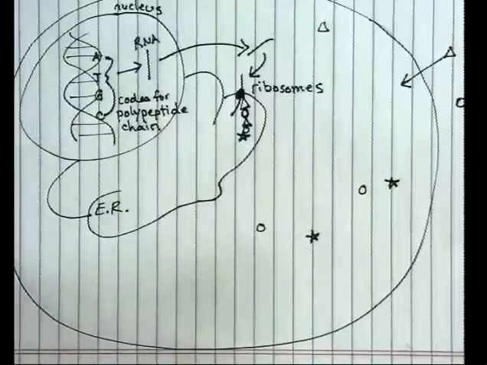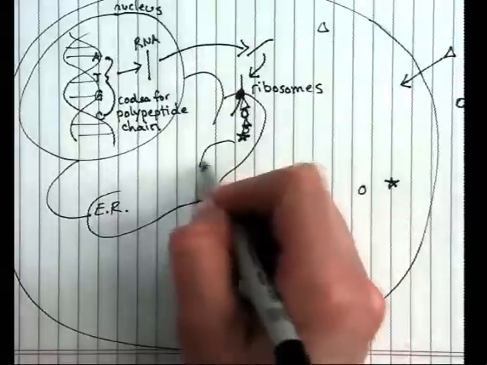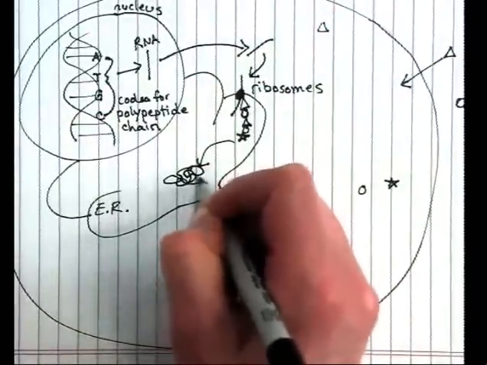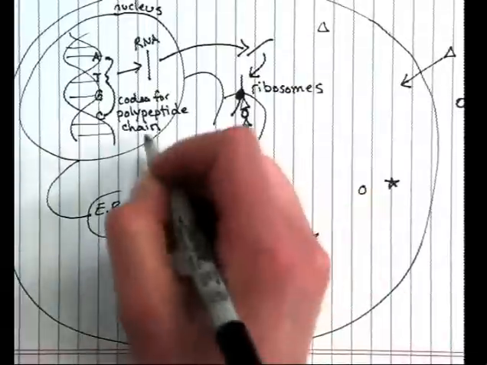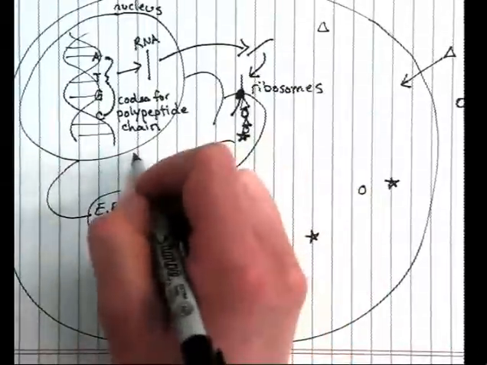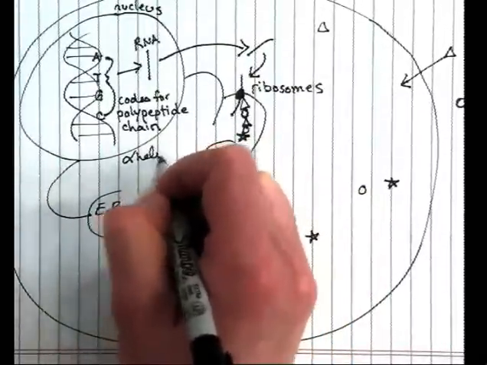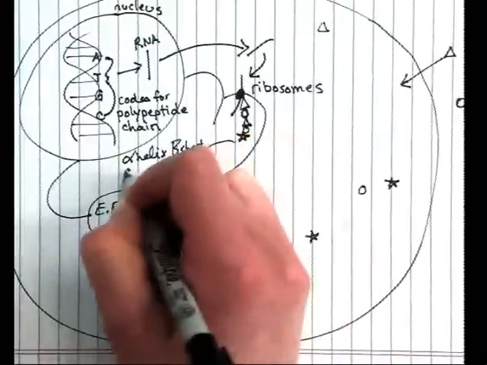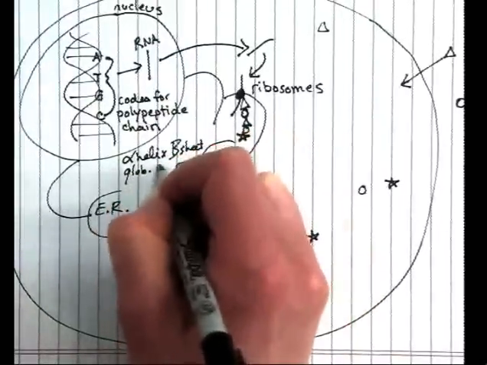The ER is like a whoopee cushion that's been folded up and down and up and down, and inside of those pockets are enzymes. And so this guy slips into these pockets and it gets folded into all the various stages. So alpha helix, beta sheet, and globular protein.